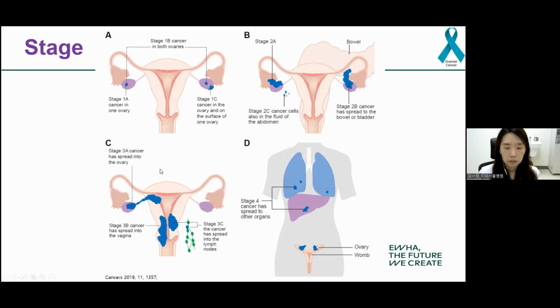And in stage C, ovarian cancer invades outside the pelvic cavity, such as the retroperitoneal lymph nodes, and also spreads into the vagina. And stage 4 ovarian cancer has spread to other organs such as the lungs, pleura, and liver.